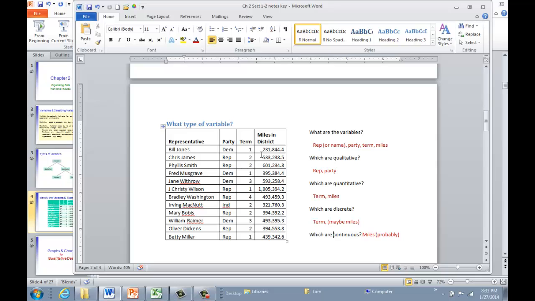On the other hand, let's take a look at the first entry here. In Bill Jones' district, he has 231,844.4 miles in his district. Now, that entry could be a 0.4, it could be a 0.5, but apparently 0.42 is not allowed in this representation.